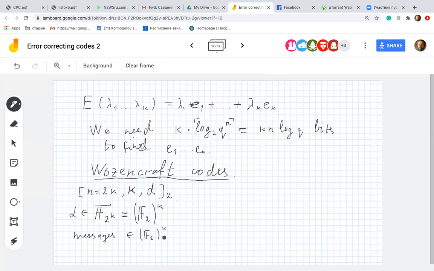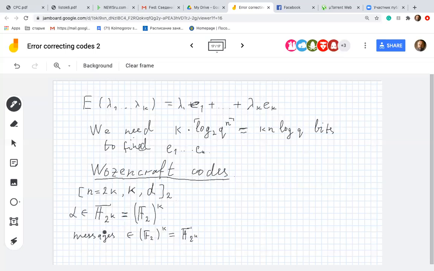So messages are k-bit sequences, which are considered as elements of F2 to the k, and we will use the isomorphism between F2 to the k and the field of 2 to the k elements. So here we need to choose a basis, because if we have a message, we have just k bits. And to understand to which element of the field these k-bit strings correspond, we need to fix a basis.